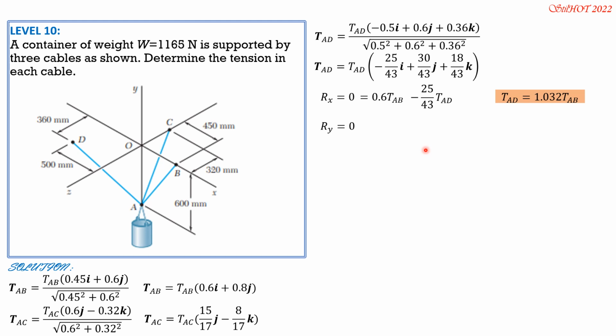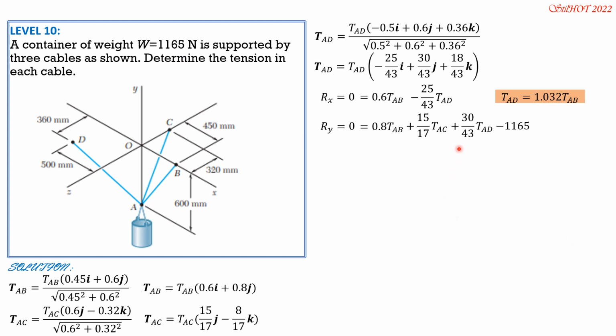Next, set Ry equals 0. Then we have 0.8 tension AB plus 15 over 17 tension AC, then plus 30 over 43 tension AD, then minus the weight, which is 1165.